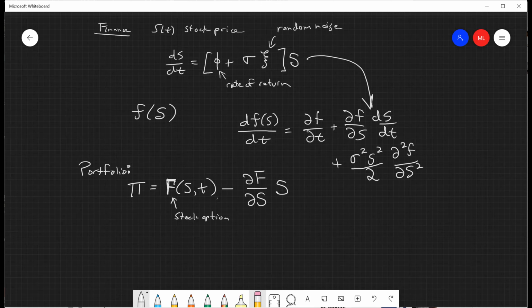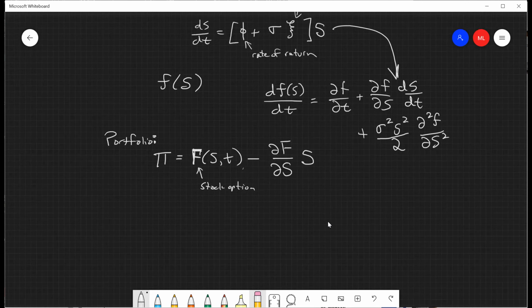And we can see how, because now we can use this mathematics to apply the chain rule and derive an equation of motion for the stock portfolio. So we do this, d pi dt. So now we plug in everything. So this is the derivative of the stock option minus df ds, and this is ds dt, right?